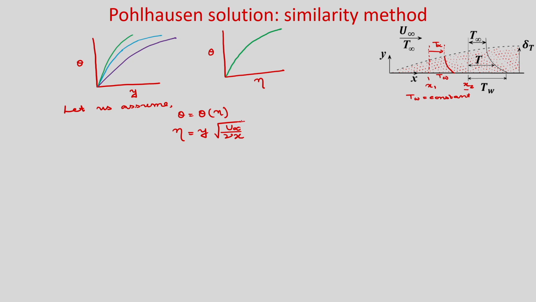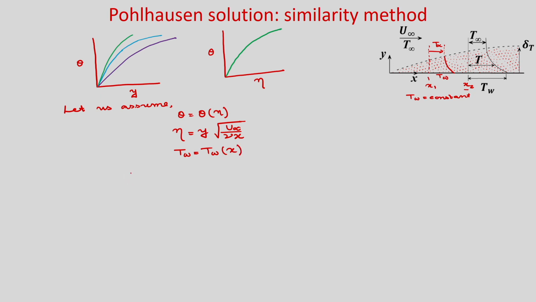This is the similarity variable, written in terms of two independent variables x and y, where nu is constant and u infinity is the free stream velocity, also constant. Also, let us assume in general that T w is a function of x.